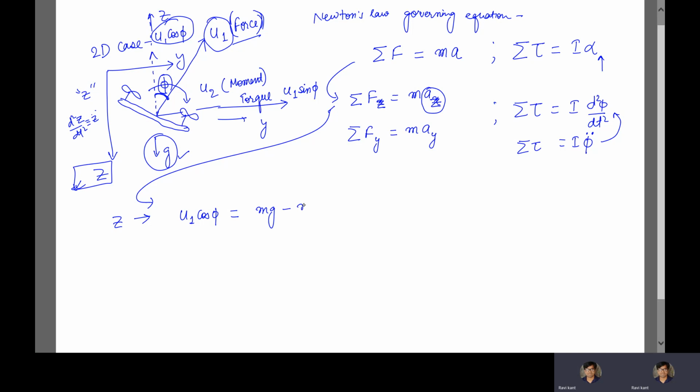So m z double dot equals mg minus u1 cos phi, or let me divide by m throughout.